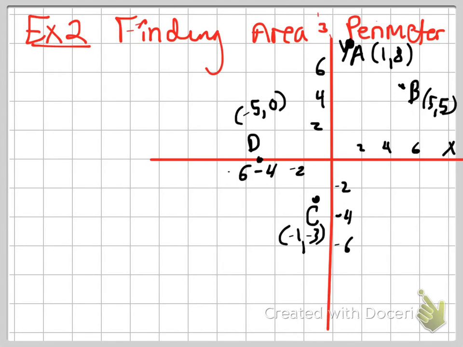And so I have 4 points on this graph that form together a rectangle. On this rectangle ABCD.